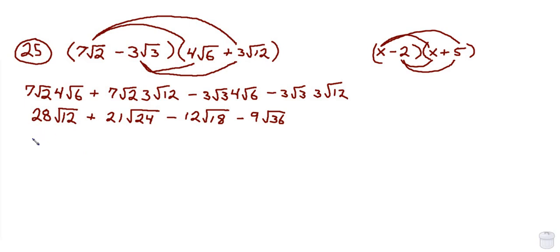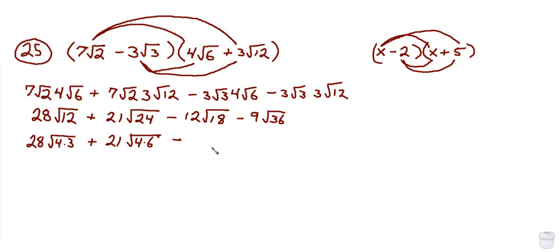So let's see, 28 square roots of 12. I can break that square root of 12 down into square root of 4 times square root of 3. Let's see, 21 square roots of 24. What's a perfect square that goes in there? Well, that's 4. 4 times 6 gives me 24, so I can take that perfect square of 4 out.